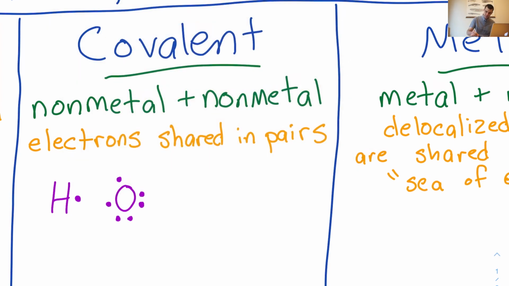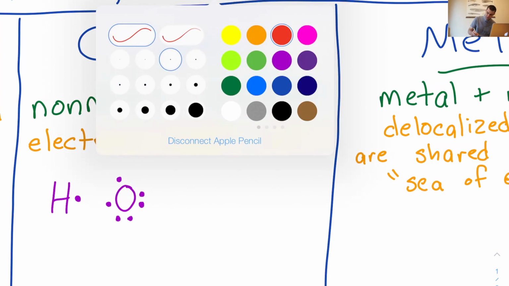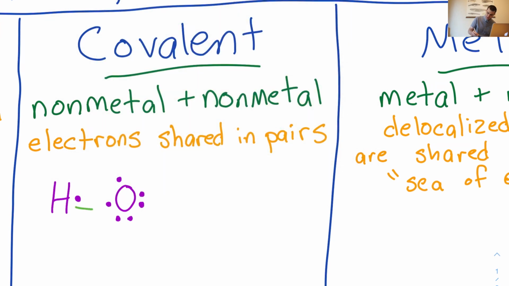Instead, the hydrogen is going to share these 2 electrons with one another. So oxygen can use hydrogen's electron, and hydrogen can use oxygen's electron. The goal there is for both of these to have a stable octet. That means there's 8 valence electrons. That gives them the configuration of a noble gas.